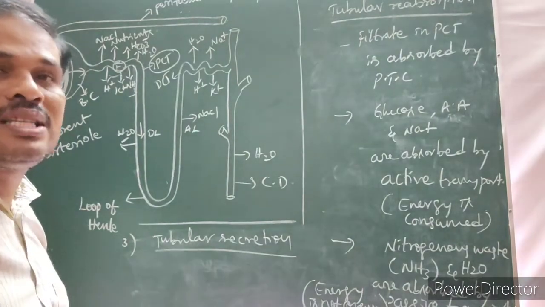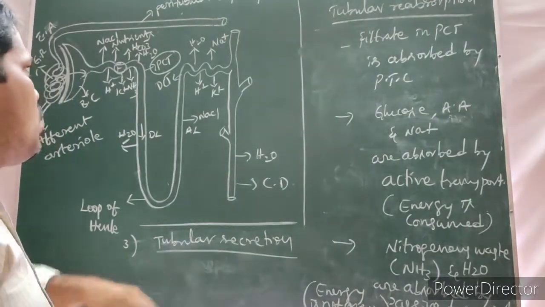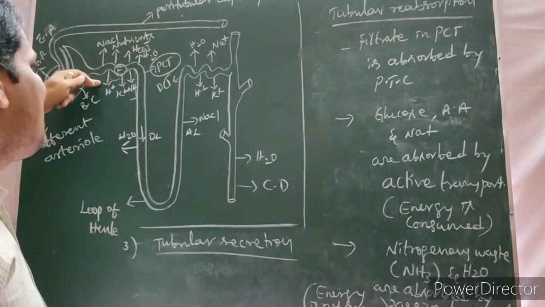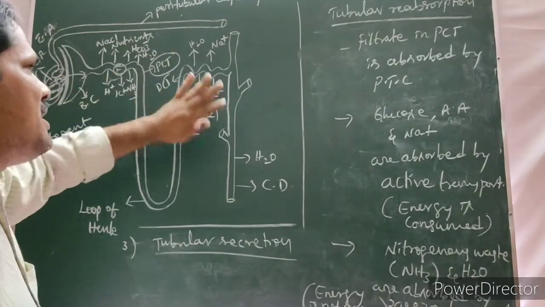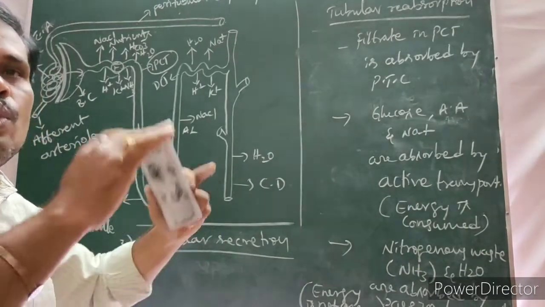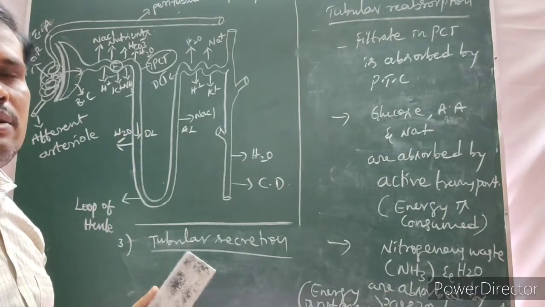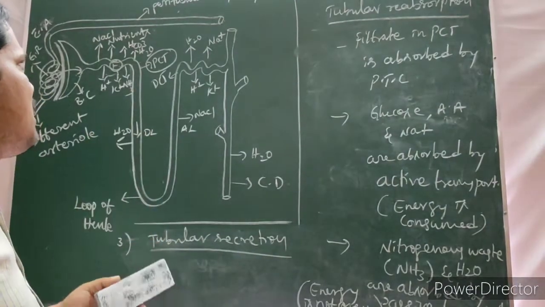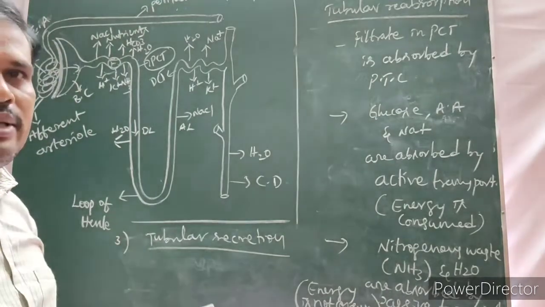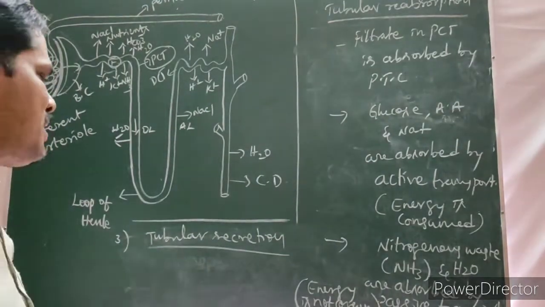That is called tubular secretion. The waste present in the peritubular capillary is secreted into the PCT and DCT and also the collecting duct, that means the whole renal tubule. That is what we call tubular secretion.